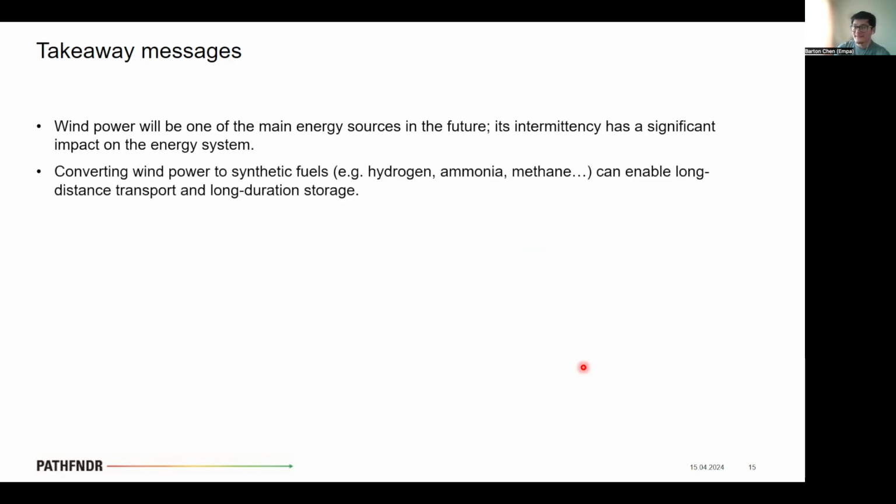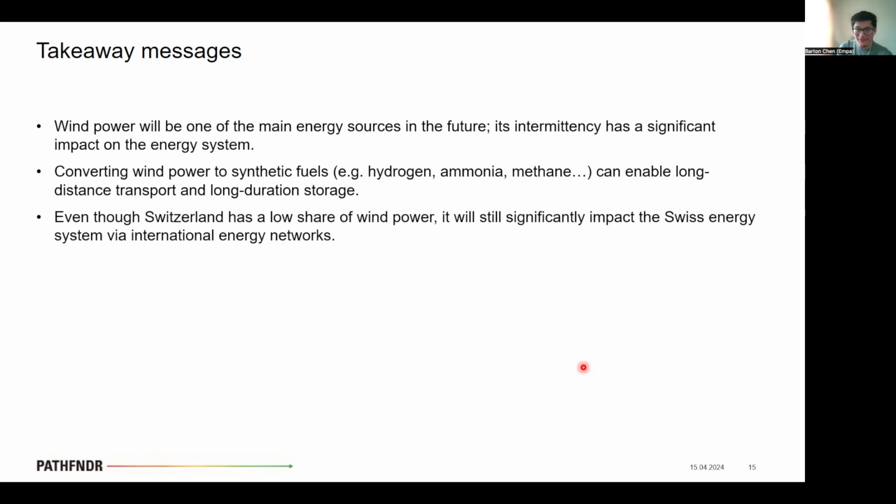The second thing is there are solutions: converting wind power to different synthetic fuels, could be hydrogen, ammonia, or methane. This can enable long distance transportation or long duration storage, so this can help us balance the temporal or spatial mismatch of the wind generation.